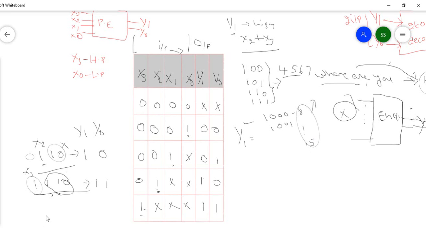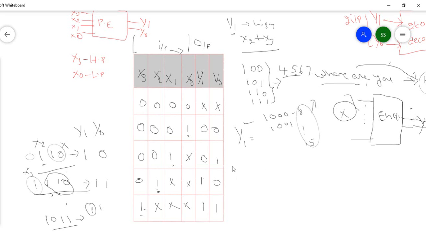If I give some number like 1, 0, 1, 1, that is 11, so we can say y1 is 1. Yes or no? So y1 is 1 in all these conditions: 4, 5, 6, 7, and 8 to 15.